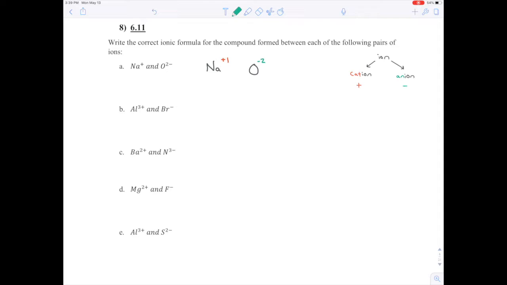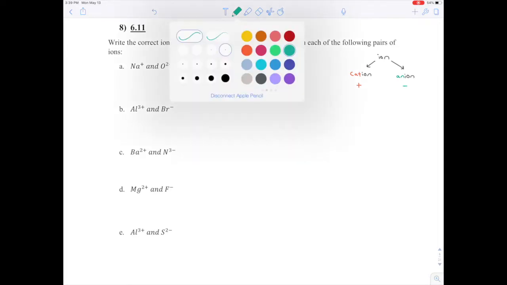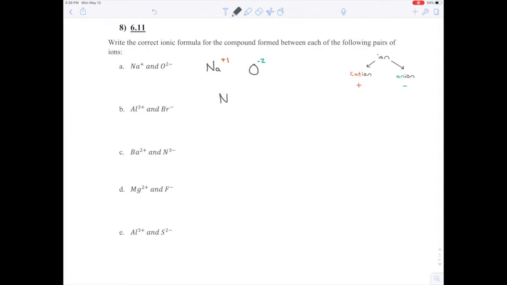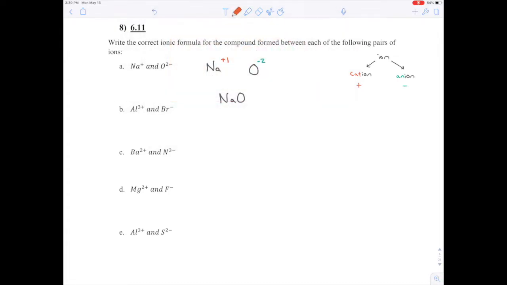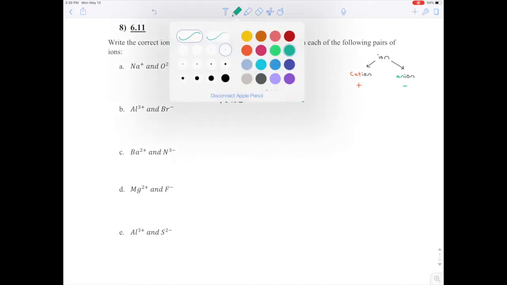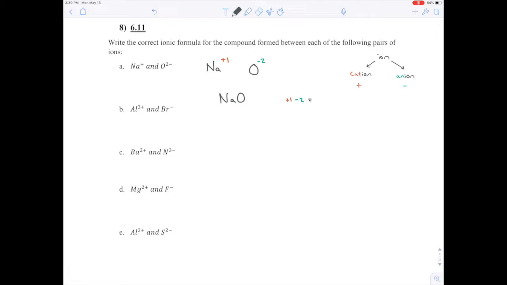Now, if just one sodium ion came together with one oxygen ion, you would have NaO, and what would the overall charge be? It would be +1, -2, so it would ultimately be -1, and this whole thing would have a -1 charge.